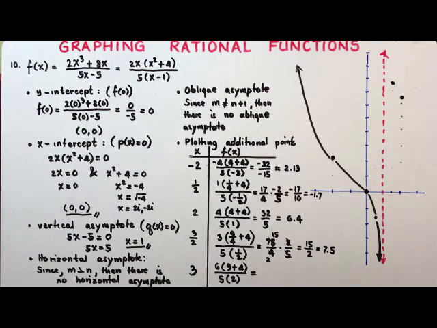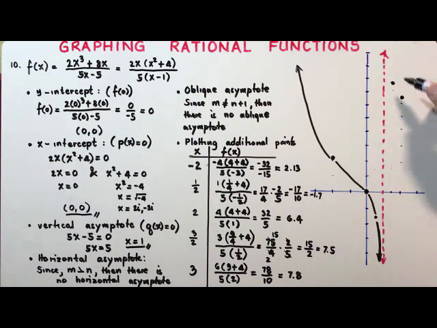And 13 times 6 is 78. And this will be divided by 10, because 5 times 2 is 10. So this is in decimal 7.8. So when your x is 3, so 1, 2, 3, your y is 7.8. 1, 2, 3, 4, 5, 6, 7.8 here.